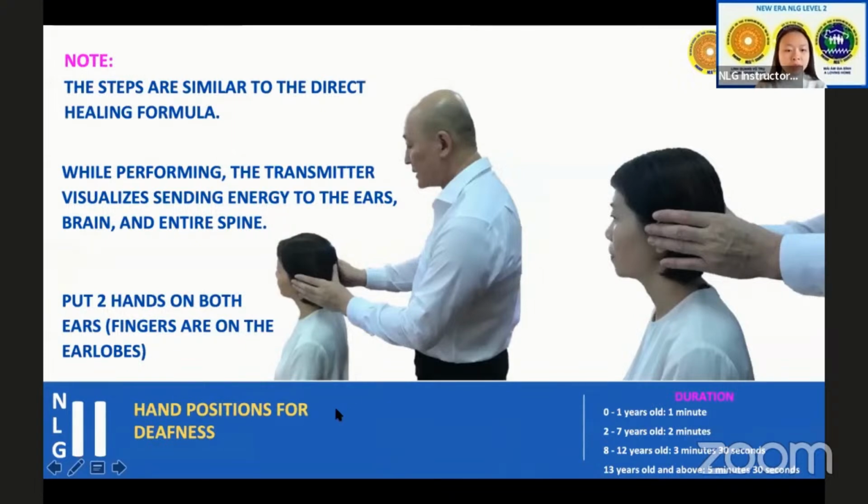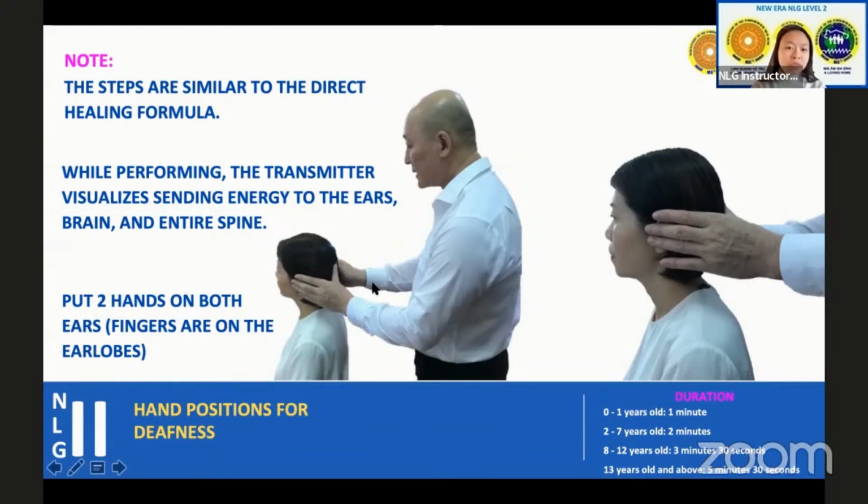This is the hand position for deafness, to support people with deafness. Basically, you put your two hands on both ears, fingers on the earlobes like this, and you use the direct healing formula. This only works for direct healing, so you need to be there with the person to place your hand like so.